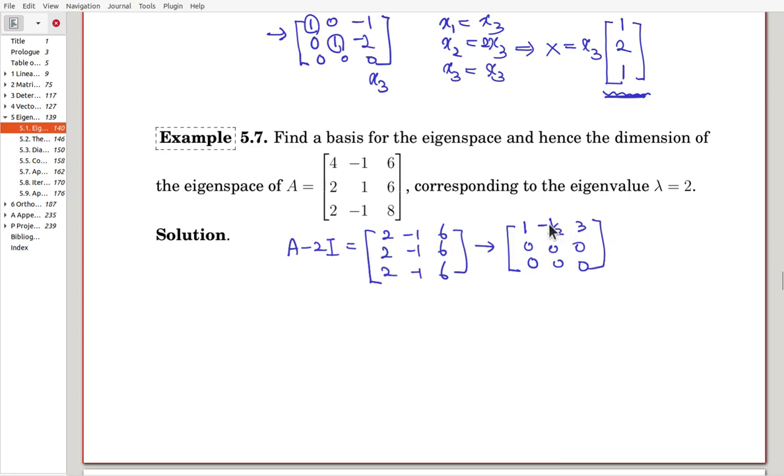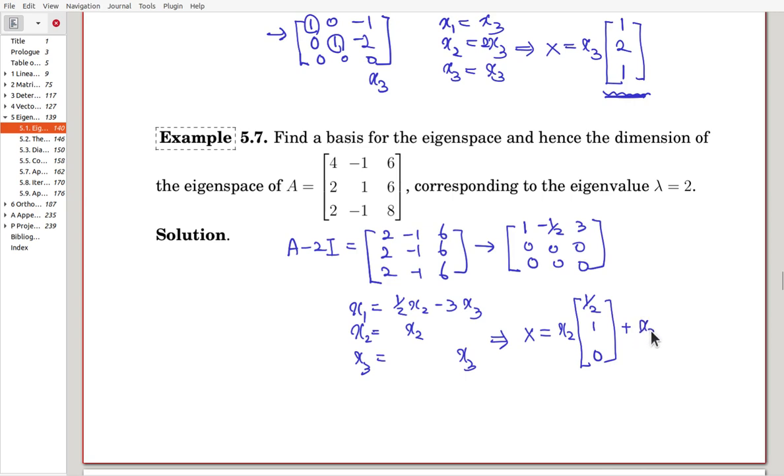So x2 and x3 are free variables, and x1 equals half x2 minus 3 x3. So from here, (x1, x2, x3) along with x2 has the first direction (1/2, 1, 0).